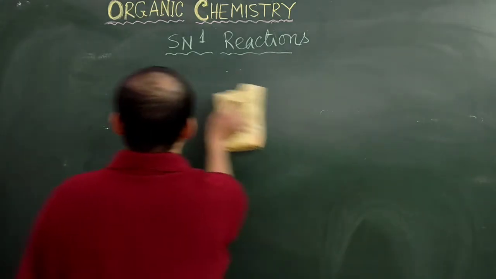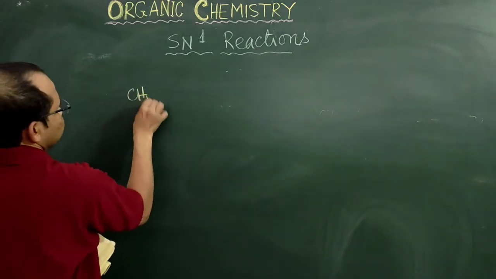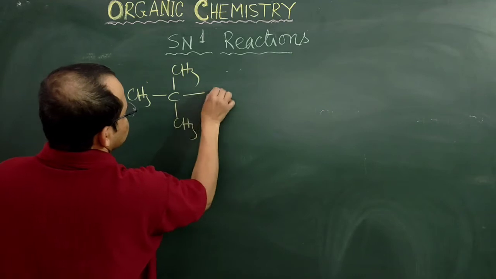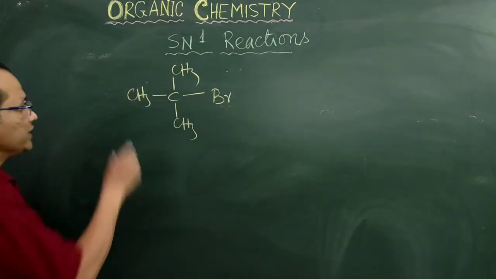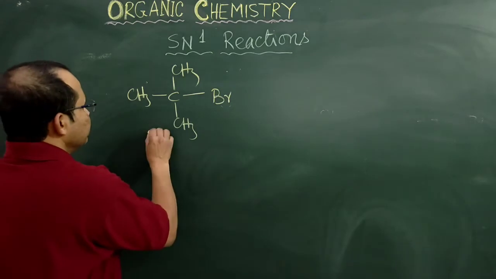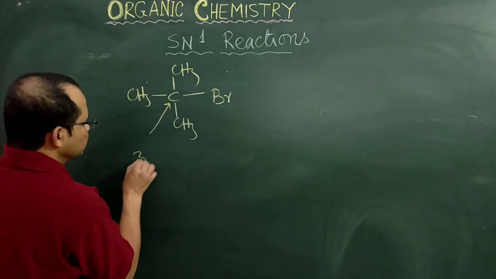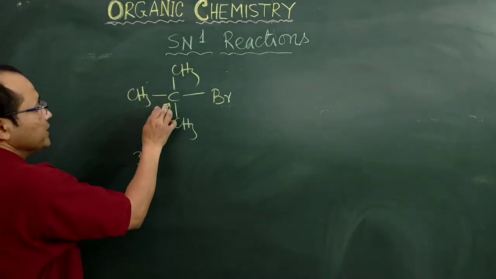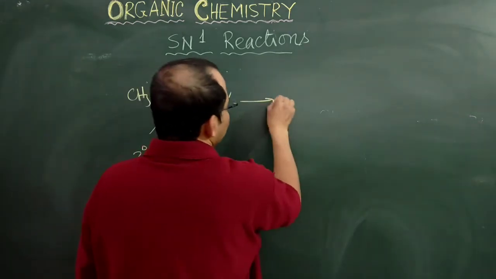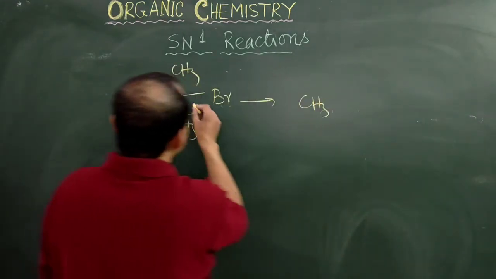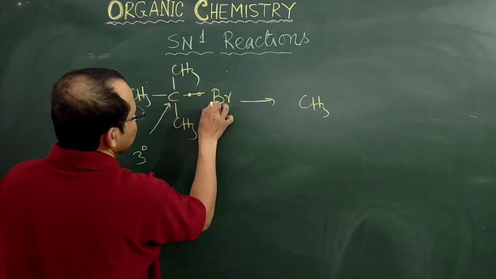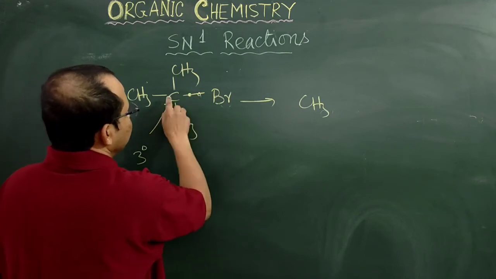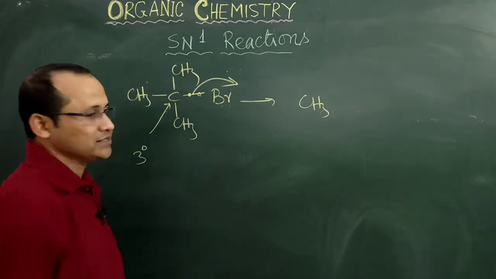Now let us consider the reactions again. CH3Br, this was the substrate. Look, in this one an interesting point is there. If you consider this carbon atom, this is a 3° carbon atom, and since it is a 3° carbon atom, it readily forms a cation. The cation may be formed if this bromine, along with its own electron and this electron of carbon, leaves the system.